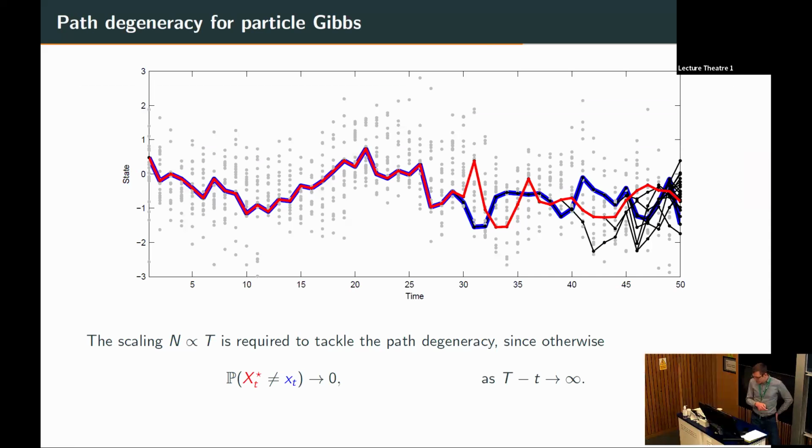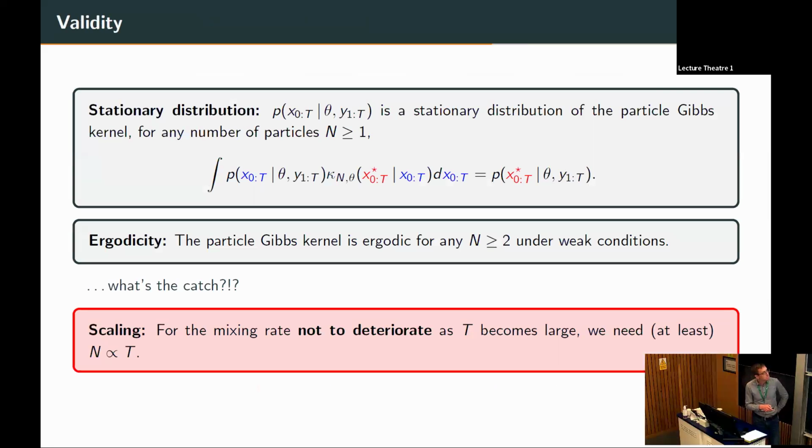It's linear then with T. Is there some theory regarding this linearity between N and T? Yeah, exactly. So I wrote at least here in parentheses, this rate we get under strong mixing assumptions.